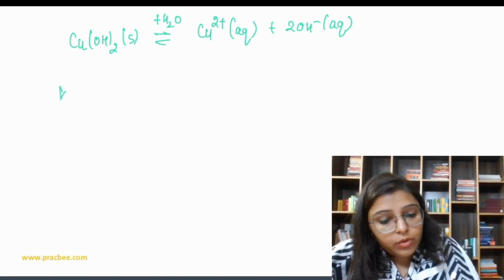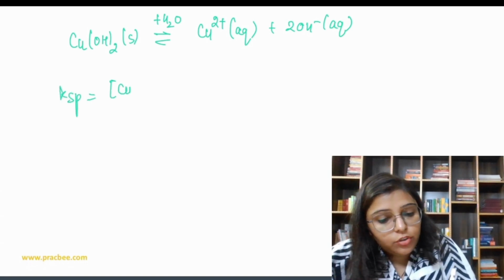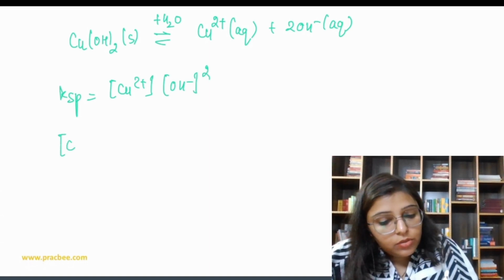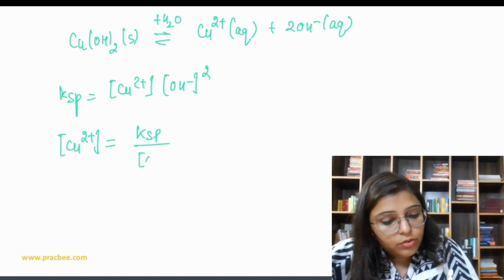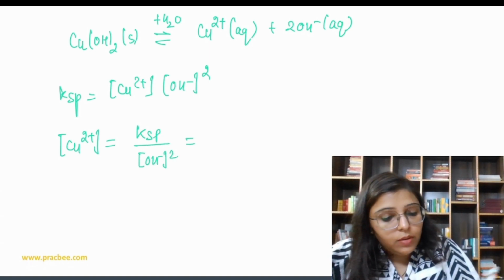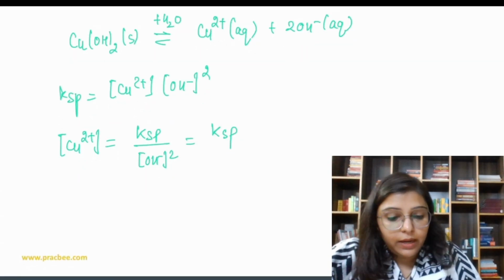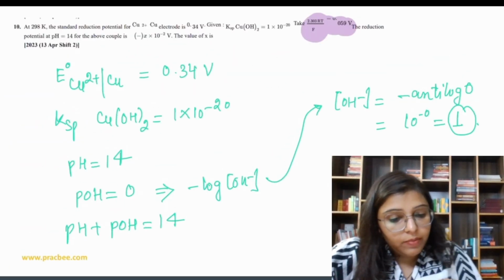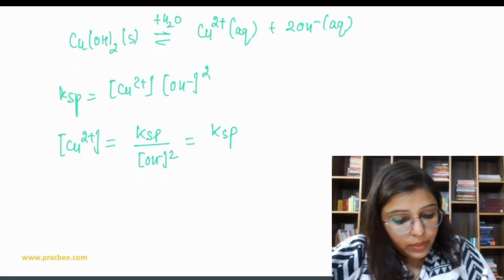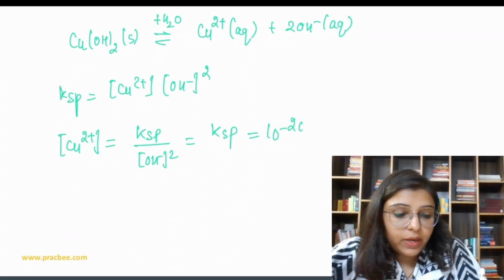Okay? So Ksp is the concentration of copper 2+ and concentration of OH minus squared. So concentration of copper 2+ is Ksp upon concentration of OH minus squared, which is equal to Ksp, that is 10 to the power minus 20. Perfect.